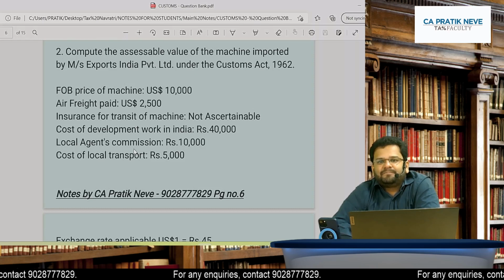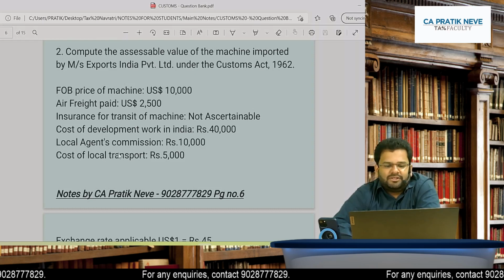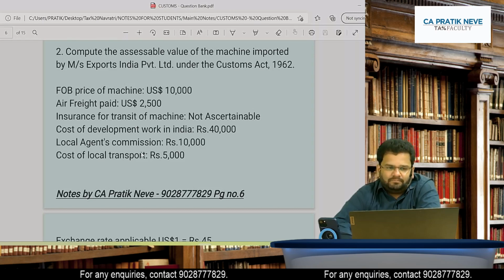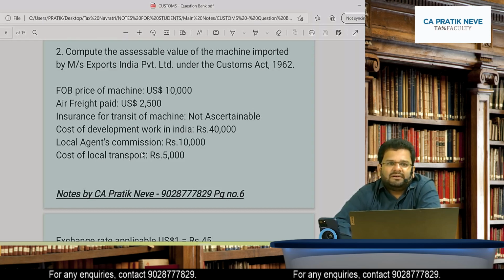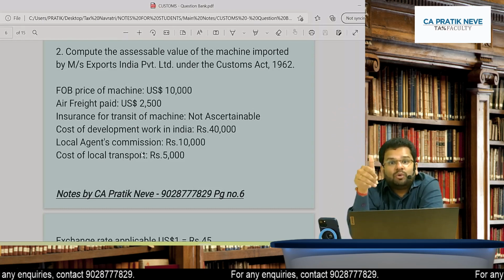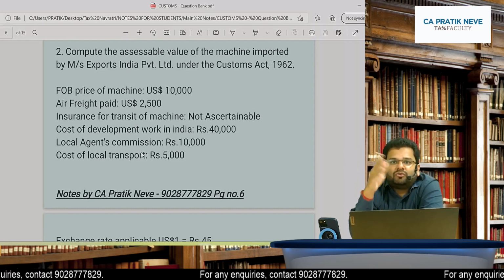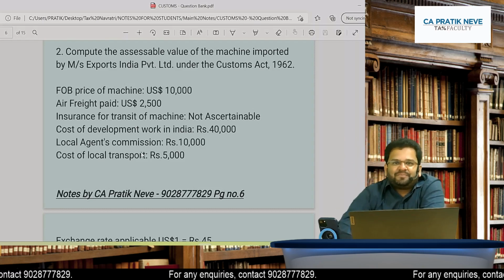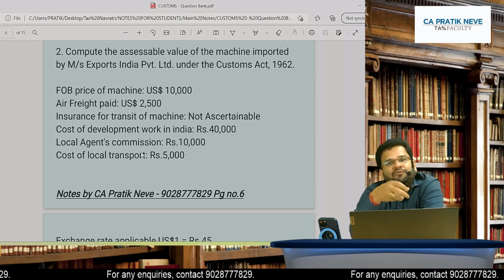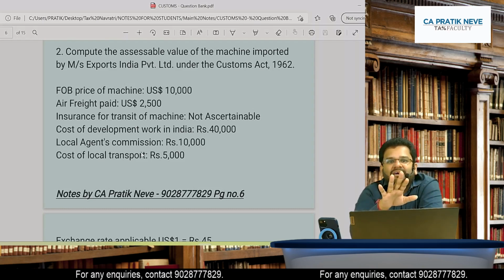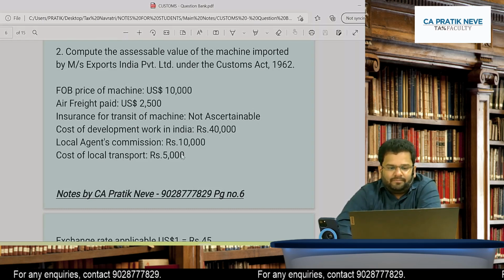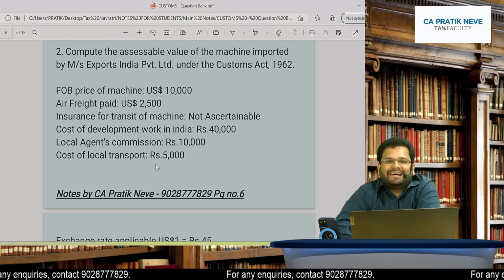Local agent's commission means the person from whom you are purchasing, for him you have paid in India, so value increases to that extent. So it is other than buying commission. Buying commission you would have paid for yourself, so don't include. It is not buying here, that's why we are including it. Cost of local transport, neglect.